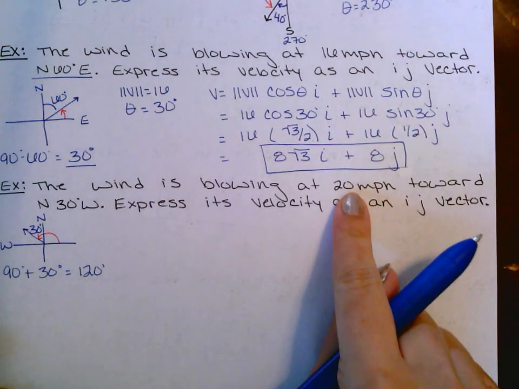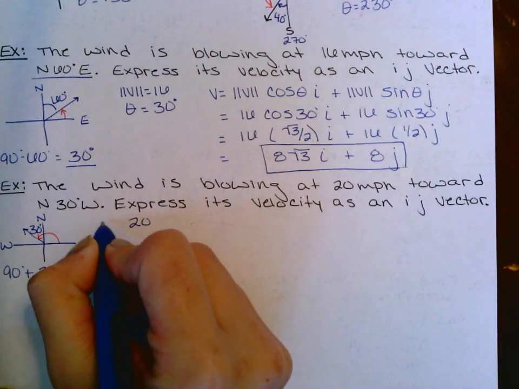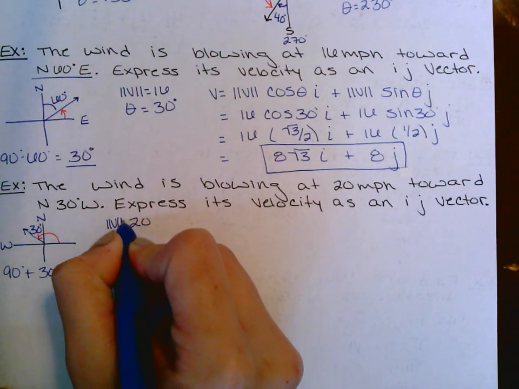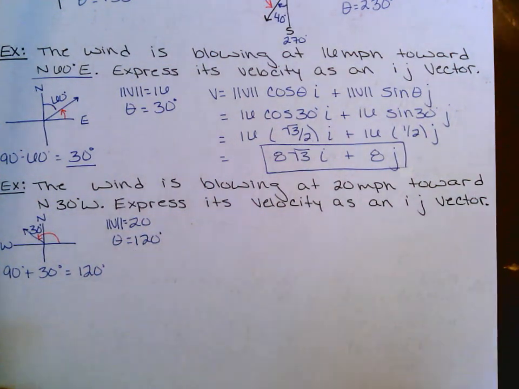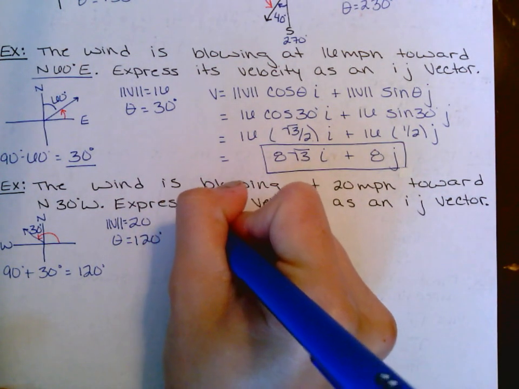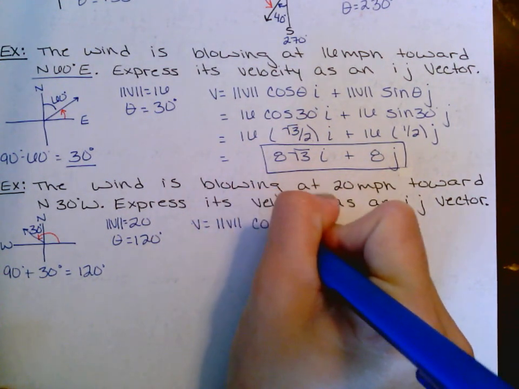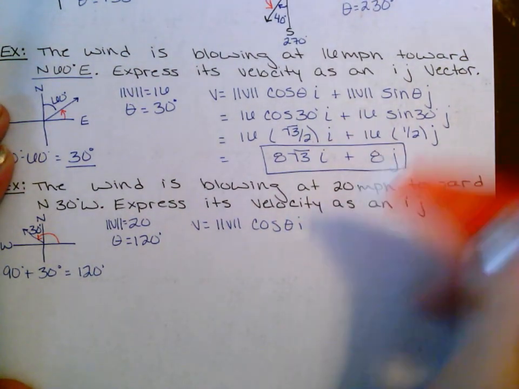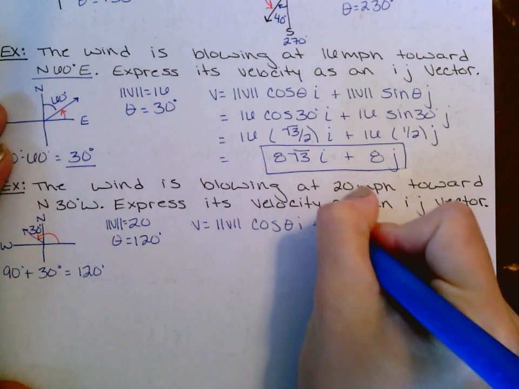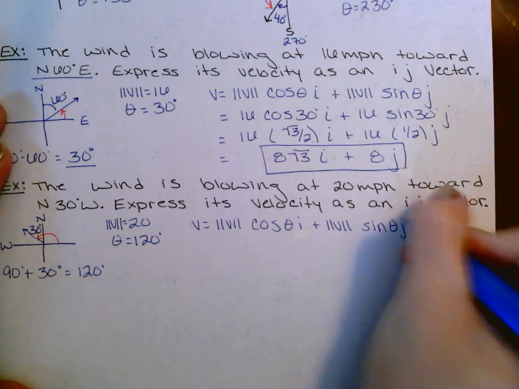So I have up here my magnitude. It's blowing at 20 miles per hour. And then I have my theta, which is 120. Okay? So my vector, I do magnitude times cosine of theta i plus magnitude times sine of theta j.